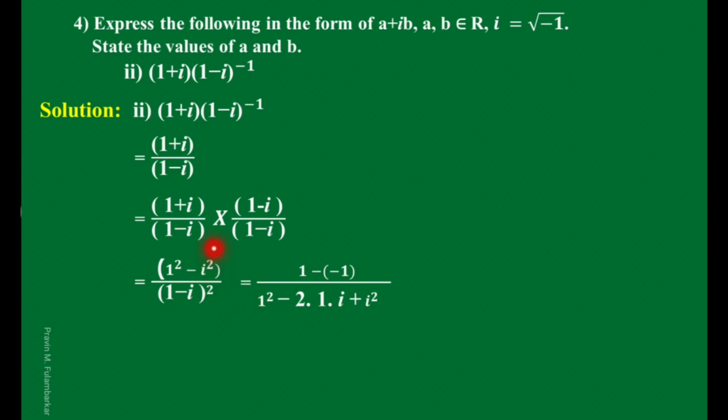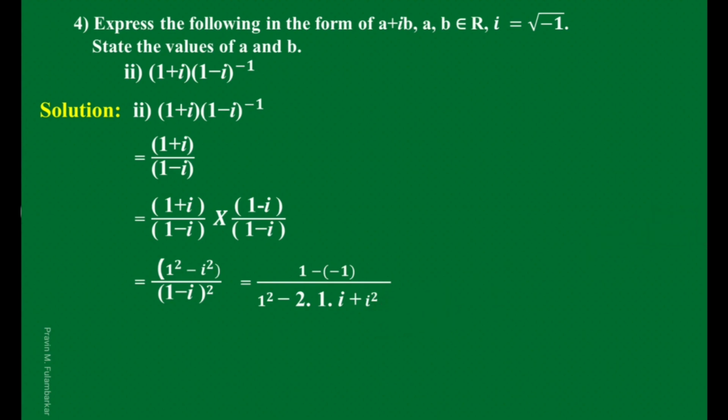So in the numerator we replace this i square by -1 and we apply in the denominator the formula (a - b) square. So we write 1 square minus 2 into 1 into i plus i square. Now in the denominator we substitute the value of i square as -1.